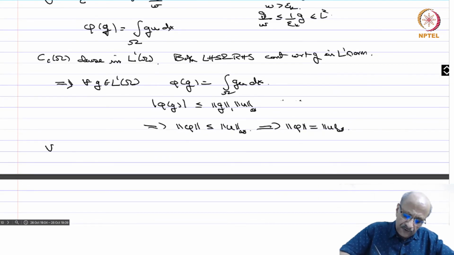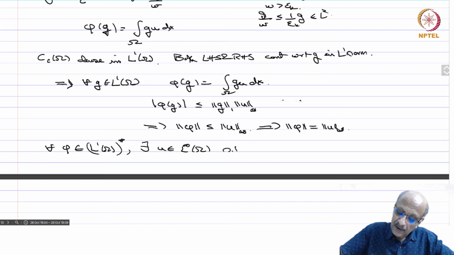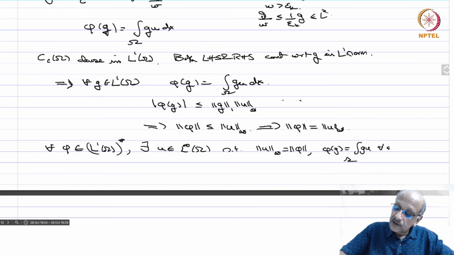So for every phi in L1 omega star, there exists a u in L infinity of omega such that norm u in L infinity is norm phi, and phi of g equals integral gu on omega for all g in L1 of omega.